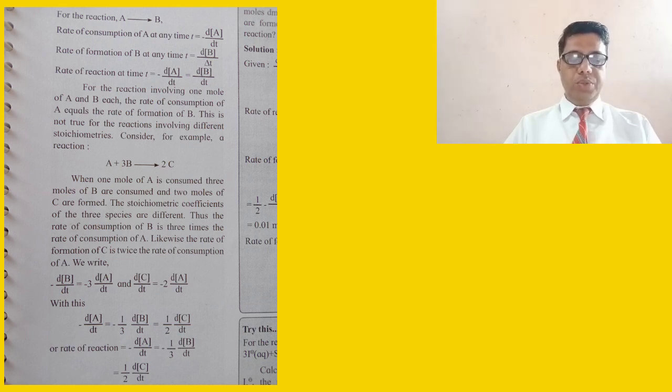As we observe these two equations, the right sides, minus dA by dt, are the same for both equations, so the left sides are equal. So from the above equations we can write the overall equation: minus dA by dt is equal to minus 1 by 3 dB by dt is equal to 1/2 dC by dt.